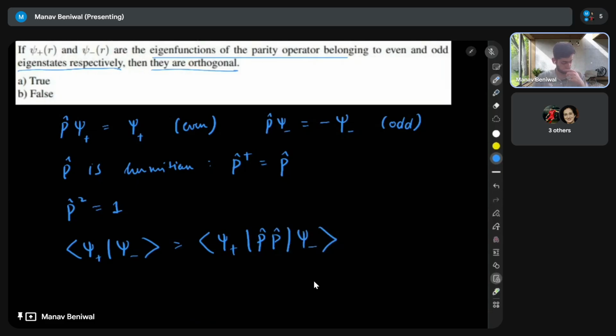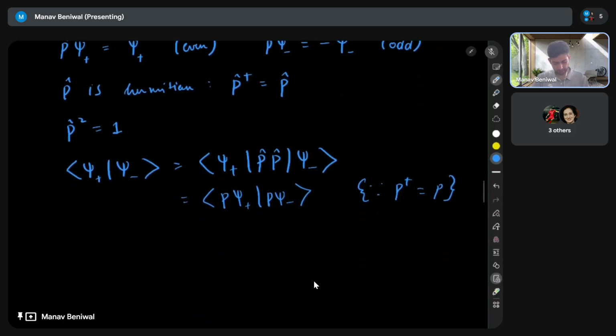We can also write it as p acting on psi plus and p acting on psi minus, because p dagger is p. So we take one of the p's from the ket space to the bra space. So this first term will give us simply psi plus, but the second term will give us a minus sign.